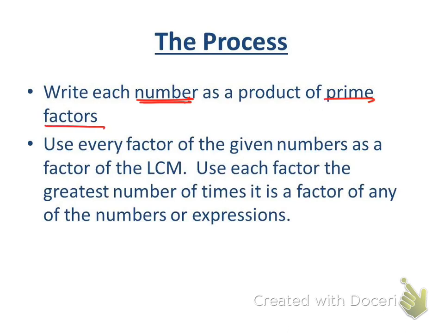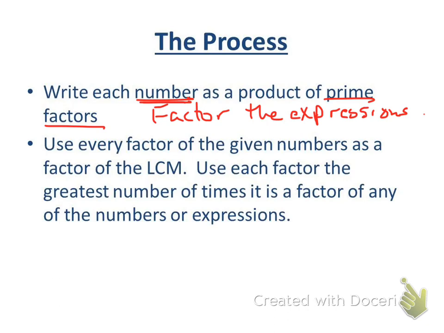What this means is we're going to factor the expressions. If it's numbers, we're going to factor them as prime factorization. If they're algebraic expressions, then we're going to do what we just did, number 4 and 5. We're going to factor out a GCF from our algebraic expression. Okay? Then we're going to use every factor.